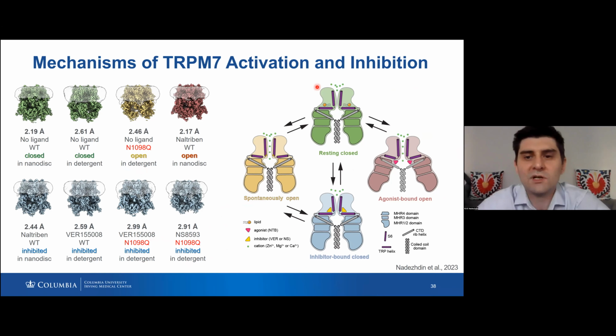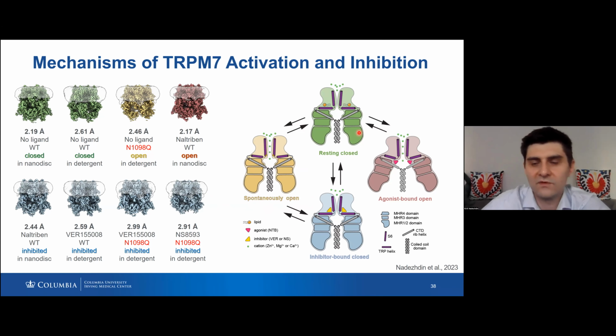The tryptophan channel usually sits in its resting closed state, but this is a constitutively open channel. So sometimes it opens, and we speculate that when it's spontaneously open, it resembles the conformation that we got for the mutation. Why do we think so? Because the movements happen only in a small portion of the ion channel pore.